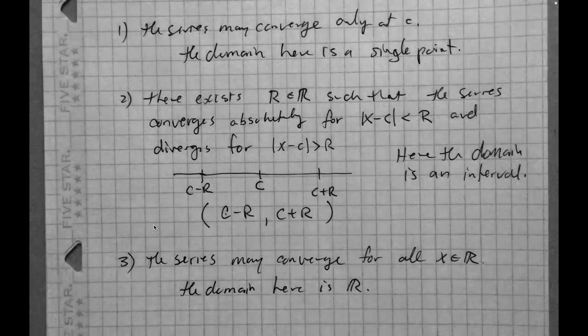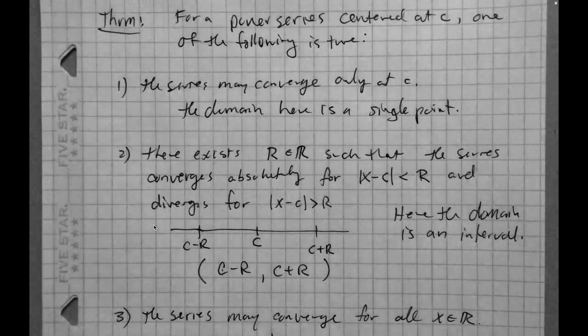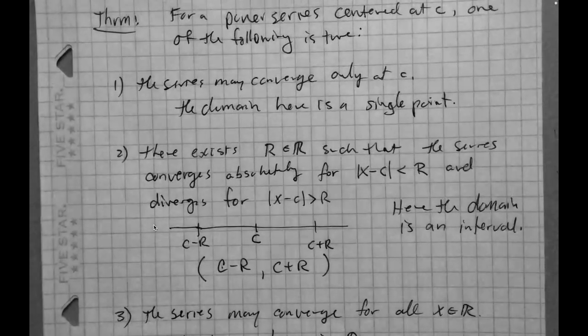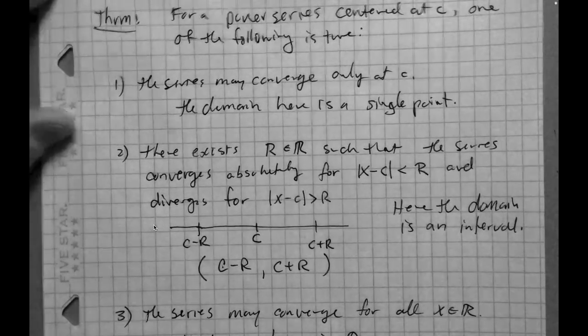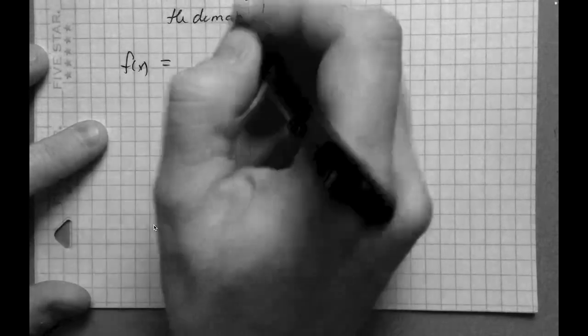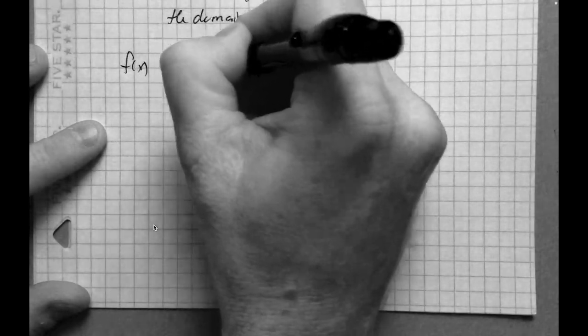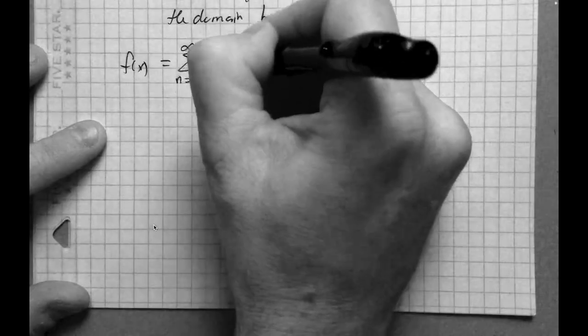Very interesting, right? So we're talking about stuff that's pretty new, probably. Right. So far we've defined what a power series is, right? And we've said that we can think of it as a function. F of x equals the sum from n equals 0 up to infinity of a sub n times (x minus c) to the nth power. Right?